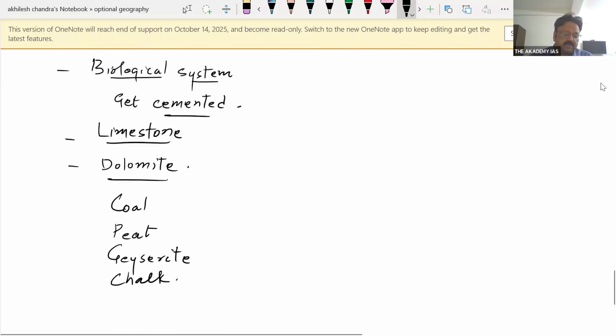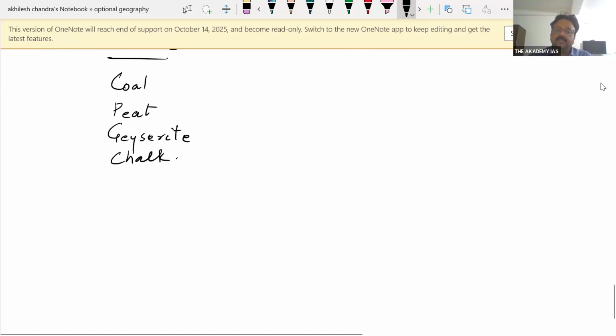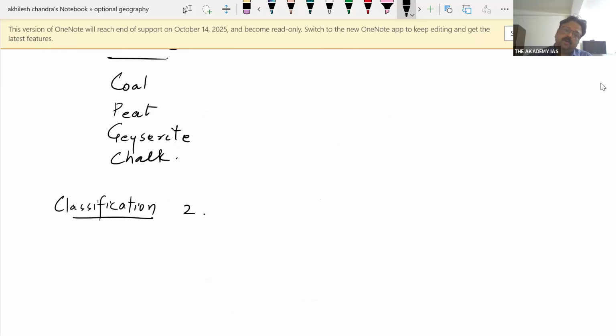Another classification is on the basis of transporting agent. Classification B, two, on the basis of transporting agent.